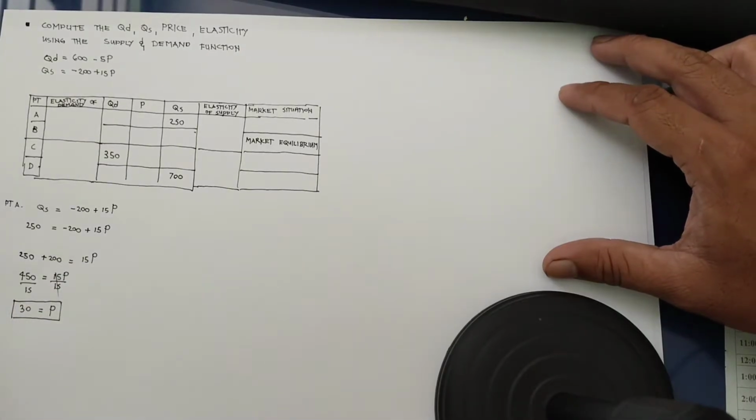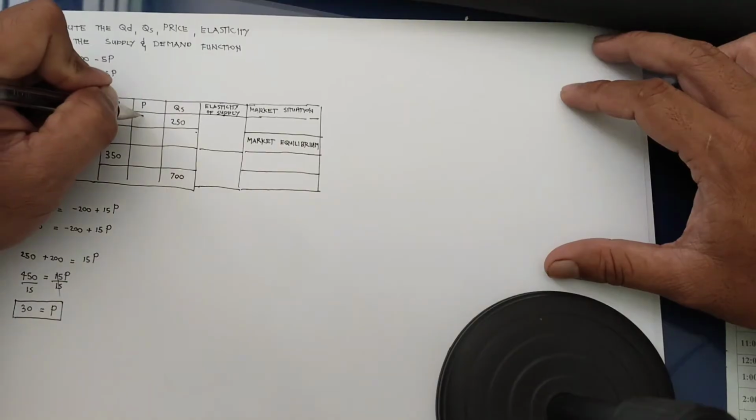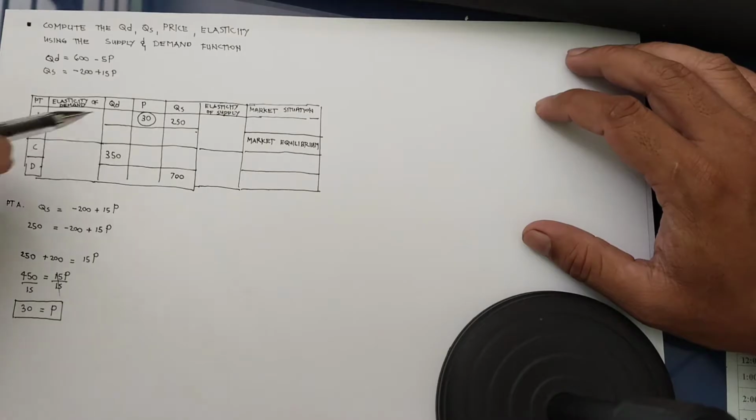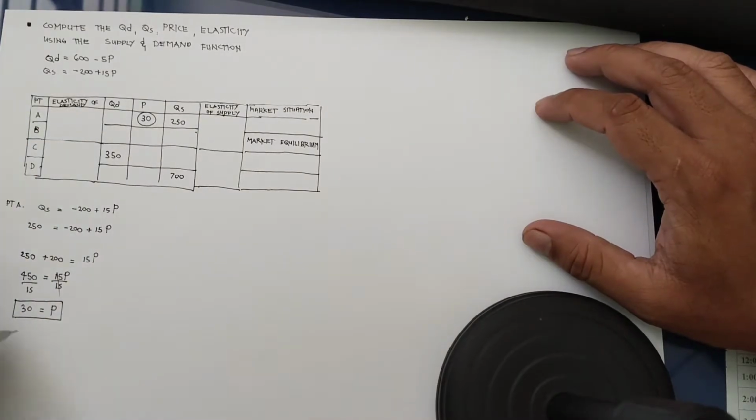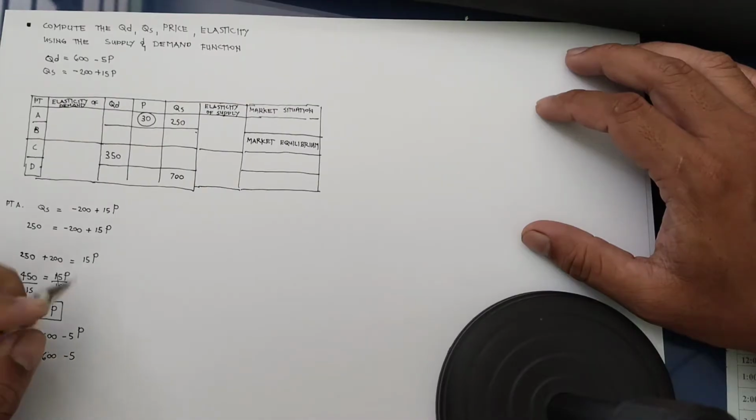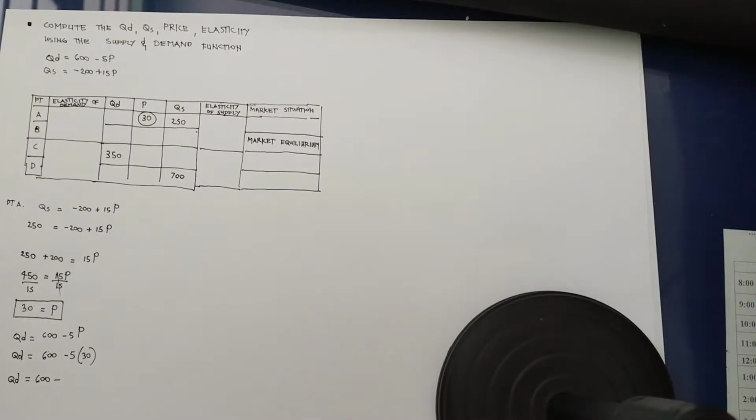So our price is equals to 30. We will put 30 here. Now we can compute QD. QD is equals to 600 minus 5P. So QD is equals to 600 minus 5 times 30.